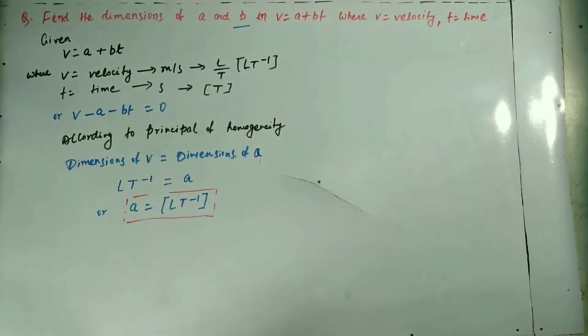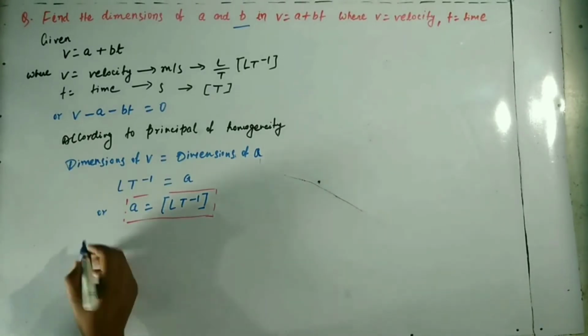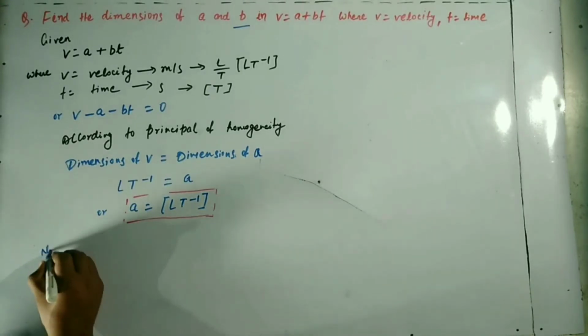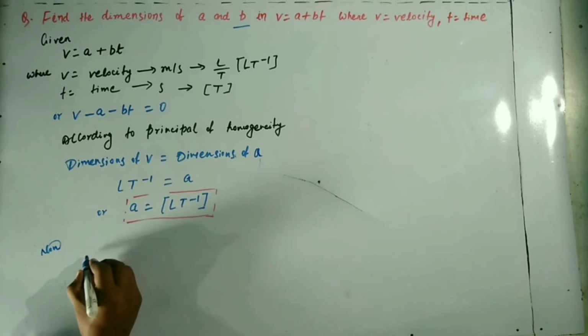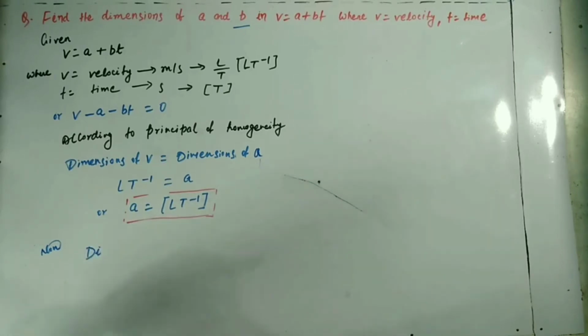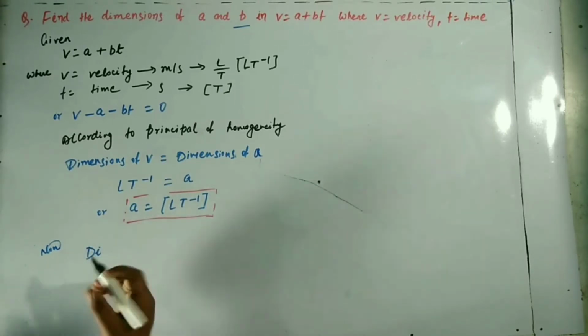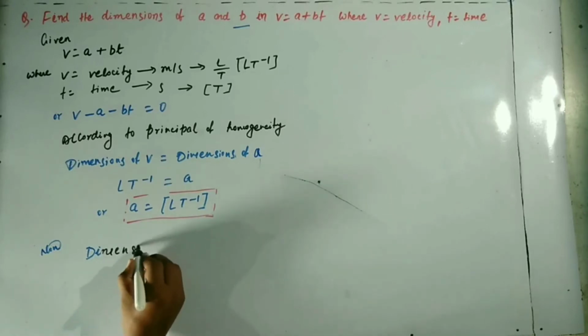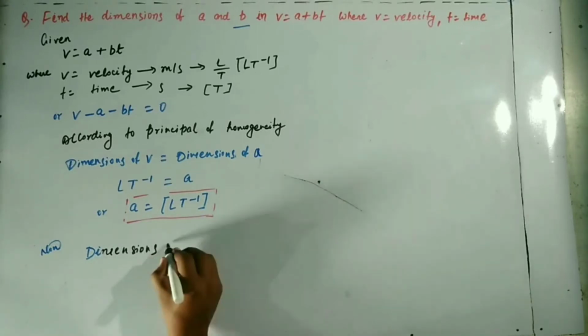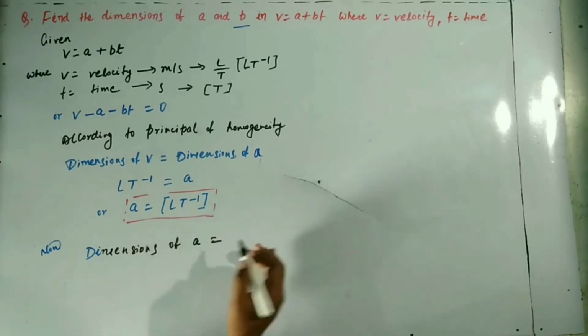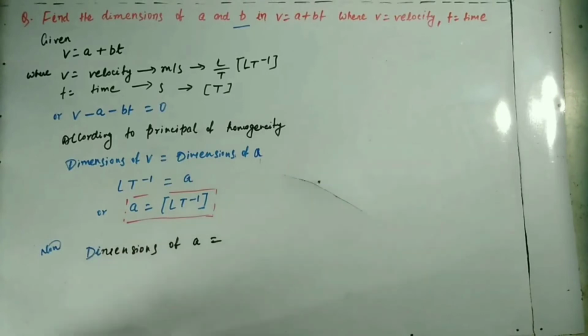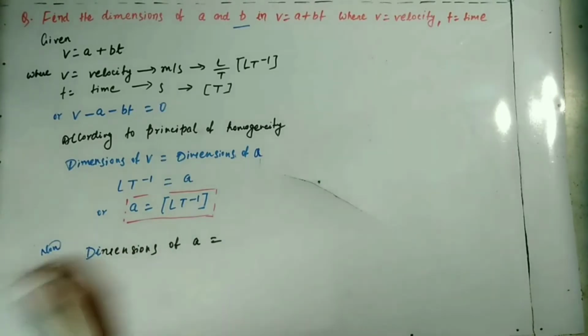Now the value of B. How will we calculate B? Again according to the principle of homogeneity, we can write the dimensions of Bt equals the dimensions of V, because these terms are in add or subtract form, A minus Bt.